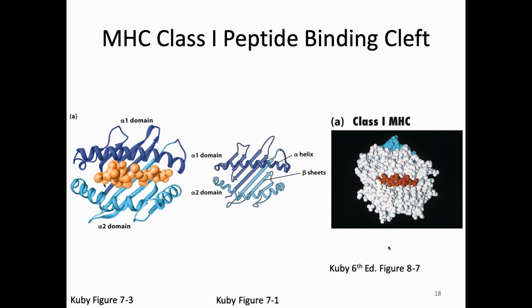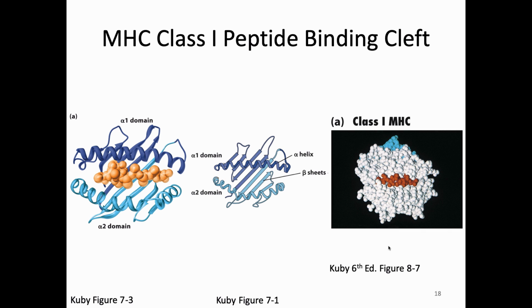Here you can see the same thing in a space-filling model, where the MHC is in white and the peptide is in red. And this figure shows one of the most important things to understand about the MHC Class I peptide binding cleft. The ends of these two alpha helices are very, very close together.